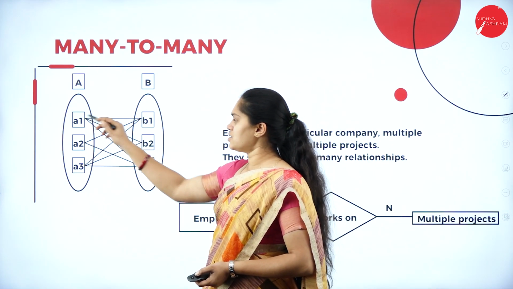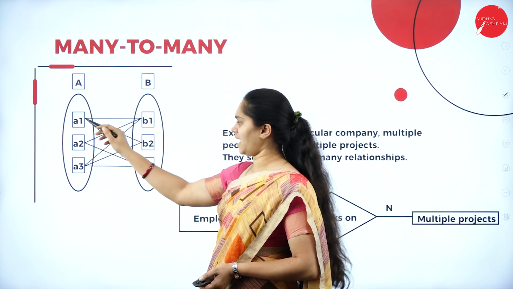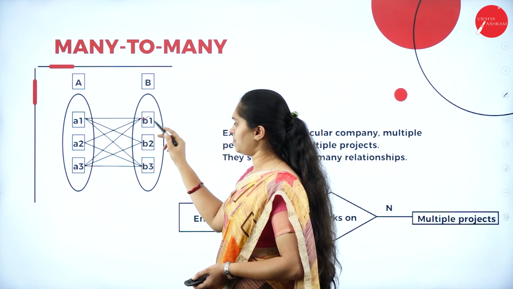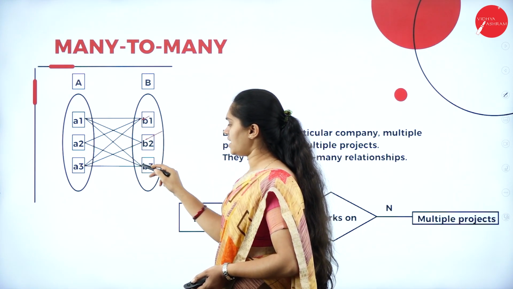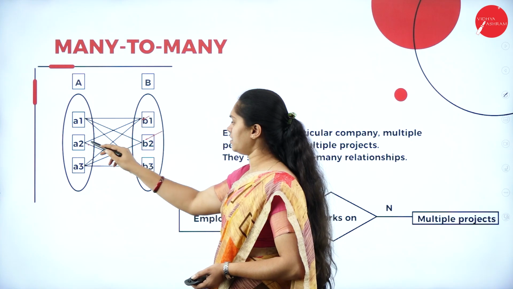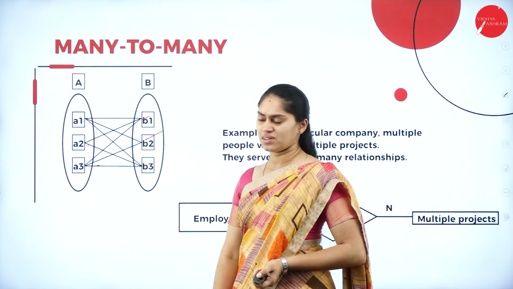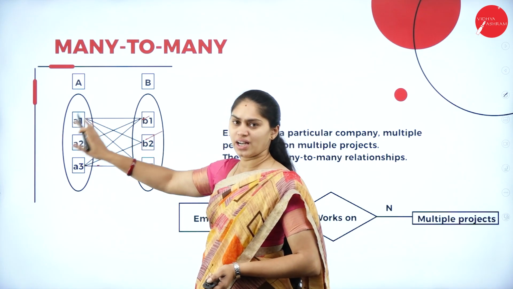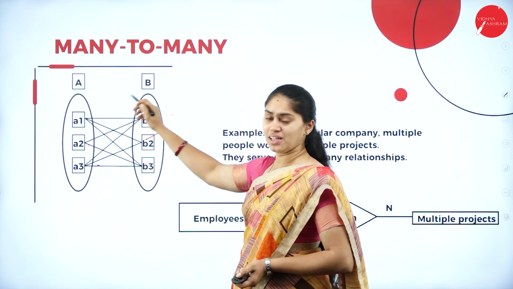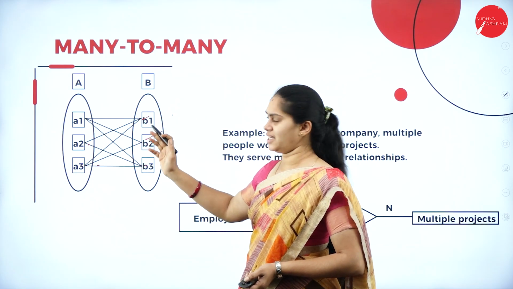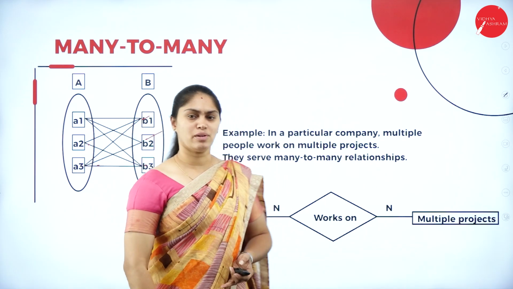You can see here, this is also many to many. A1 is having a participation with B1 as well as B2 as well as B3, and A2 with B1 and B3, A3 with B1 as well as B2 and B3. This is multiple instances of one entity set having a participation with multiple instances of another entity set. This is an example for many to many.